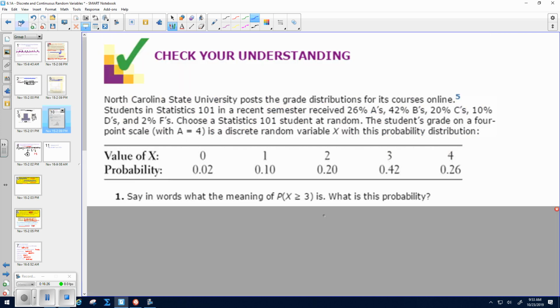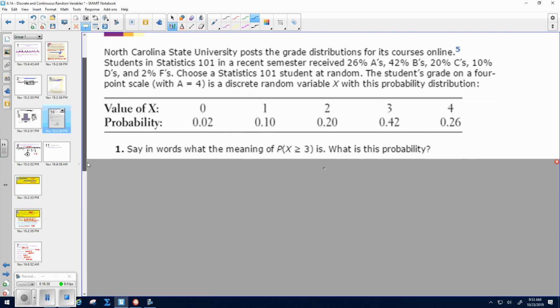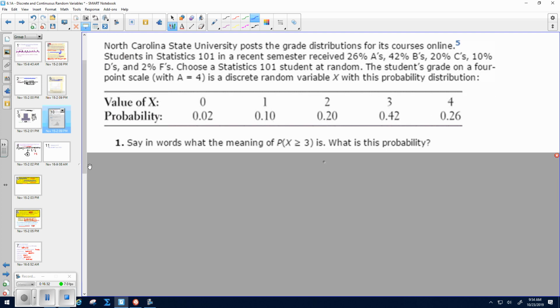All right, last one. North Carolina State University posts the grade distributions for its courses online. Students in Statistics 101 in a recent semester received 26% A's, 42% B's, 20% C's, 10% D's, and 2% F's. Choose a Statistics 101 student at random.